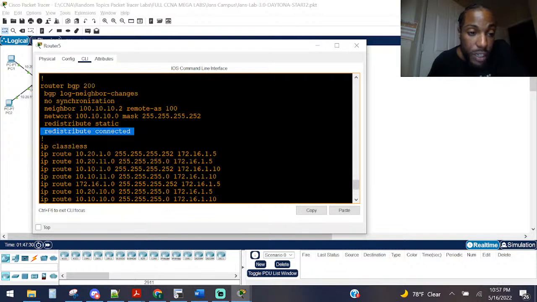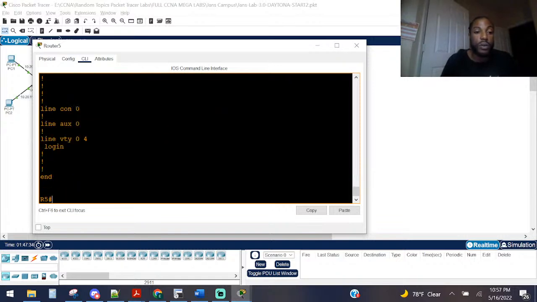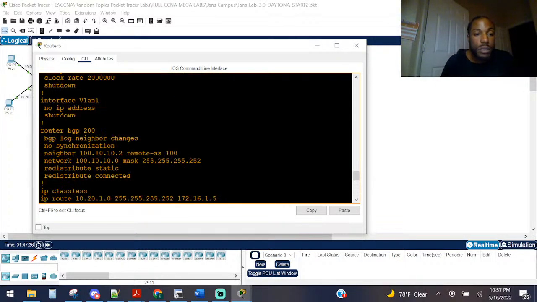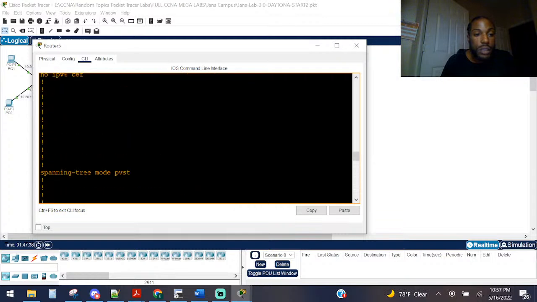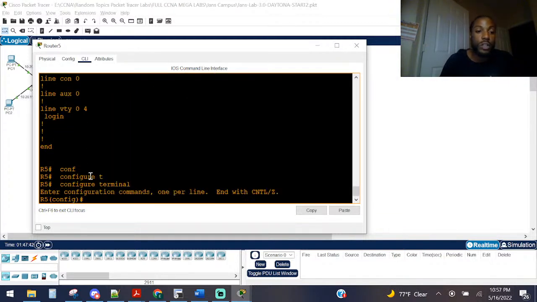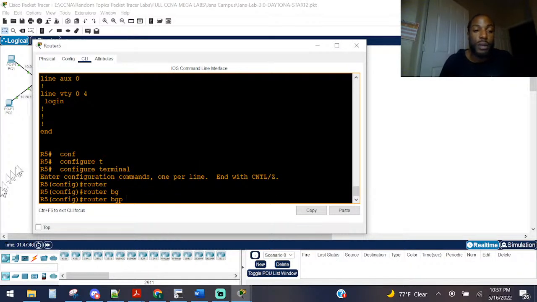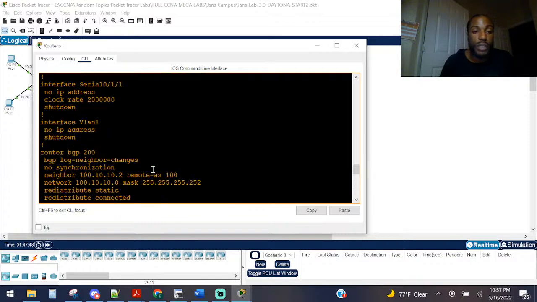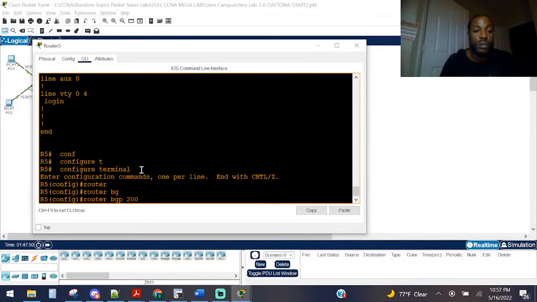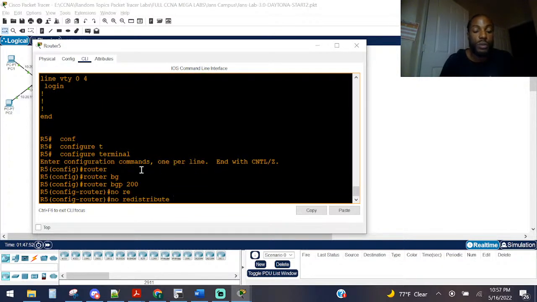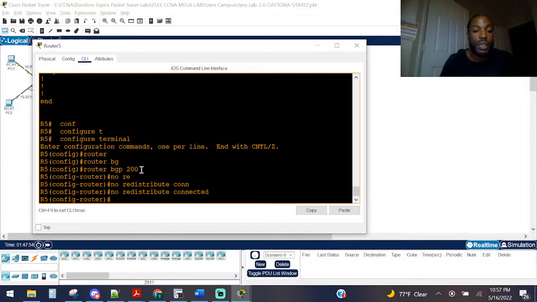Let me get rid of this redistribute connected, because I don't think that was one of the problems. Go to global config mode, router BGP. I don't think that was the problem though, because as a matter of fact, when we were troubleshooting, that's what I added. No redistribute connected.